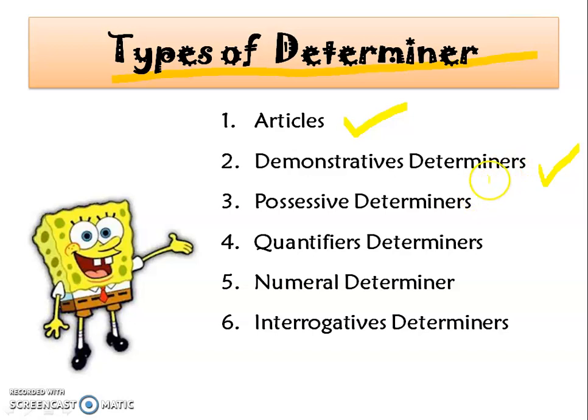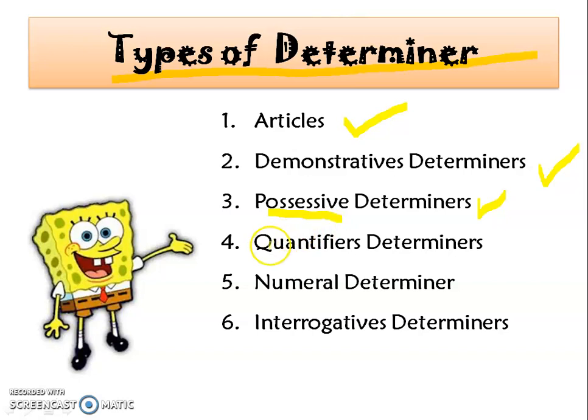So these are the possessive determiners, which show possession, right? That is, it is yours, it is mine, it is my book, it is your book, it is their house. So these are the possessives which show possessiveness, right?